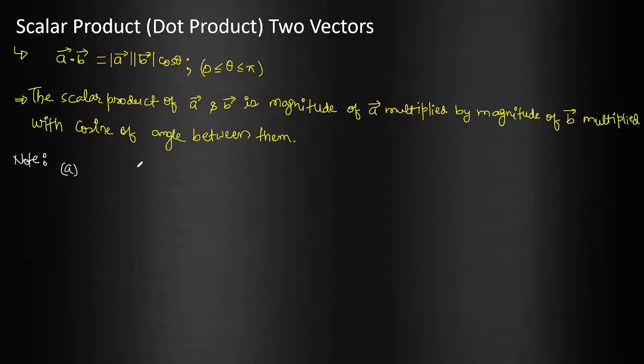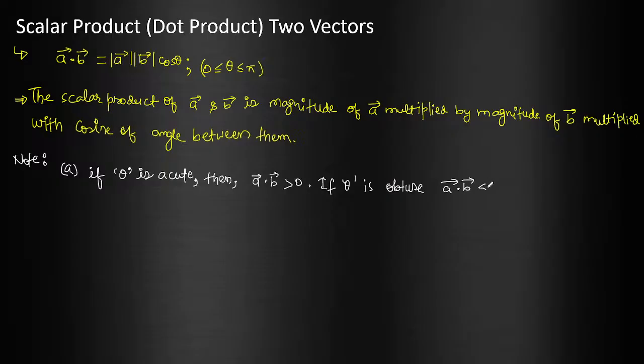A in a point, if theta is acute, then a vector dot b vector is positive. So we will have some questions on this. Okay, if theta is obtuse, a vector dot b vector is less than 0.